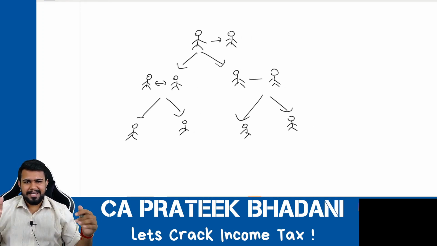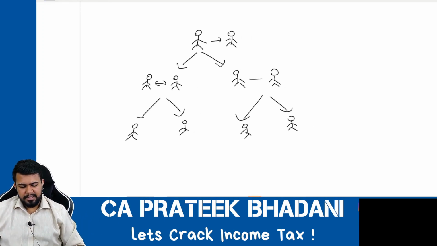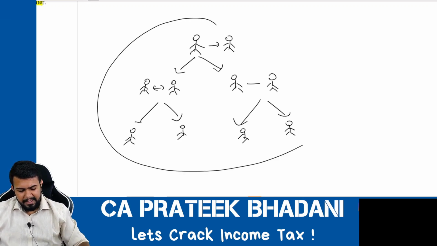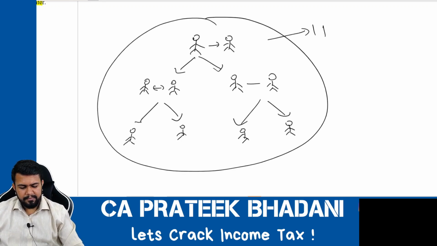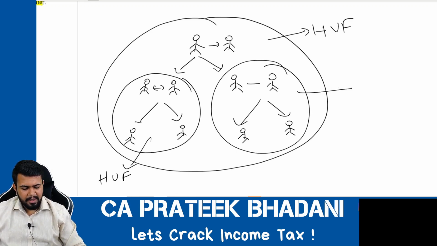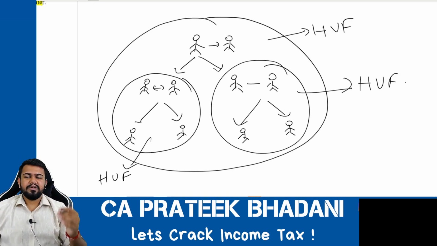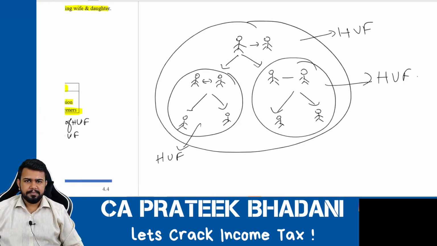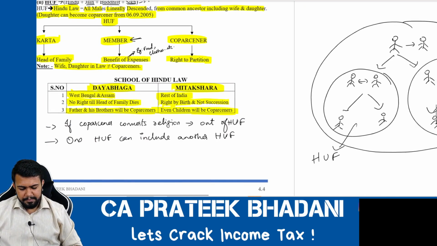Now both the sons get married and now they are also having children. This entire family can be called a HUF. Now this family can be called another HUF and this family can be called another HUF. That is why I told you one HUF can include another HUF as well. You get my point? I hope you are clear.